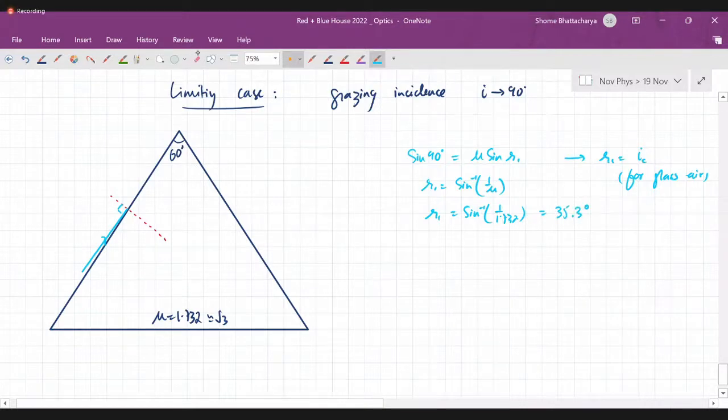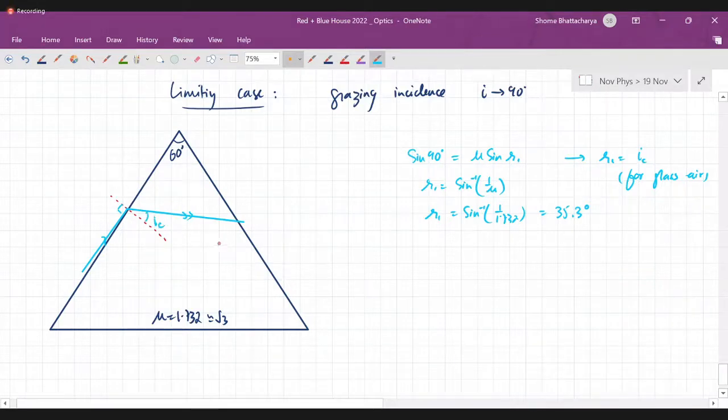So first of all, this is what my refraction at the first stage will look like. It should become critical angle.